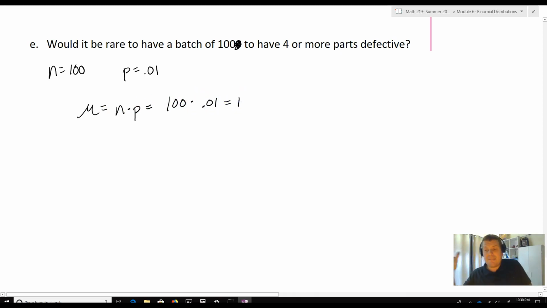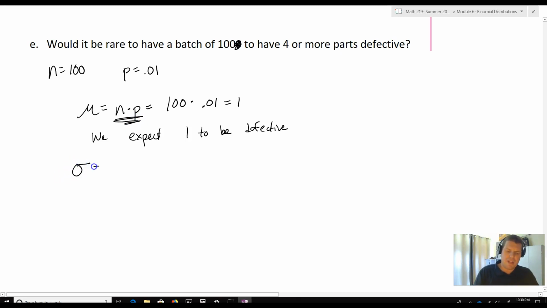So what we expect out of the 100 is we're going to expect 1 to be broken or defective. We expect 1 to be defective. And this mu equals n times p, that's the equation for the mean.